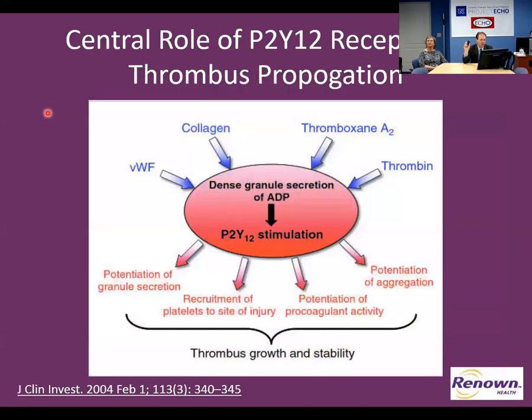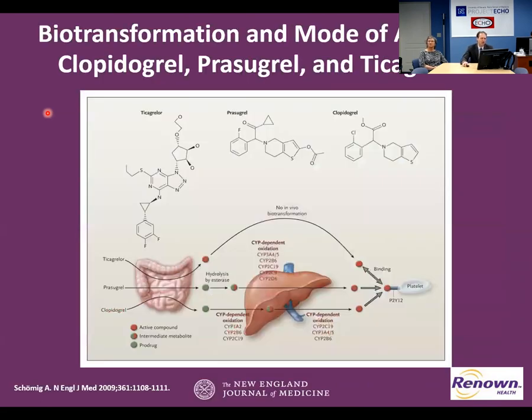So there's some overlap there. Again, this highlights the central importance of degranulation of these ADP-containing granules, stimulation of the P2Y12 receptor, and propagation of the thrombus. So that explains a little bit of why these are such potent therapies.